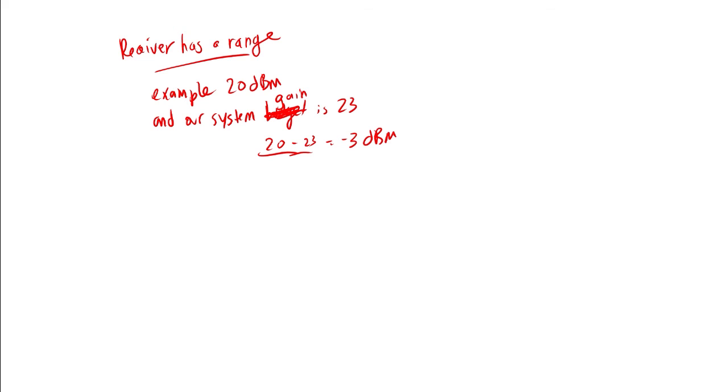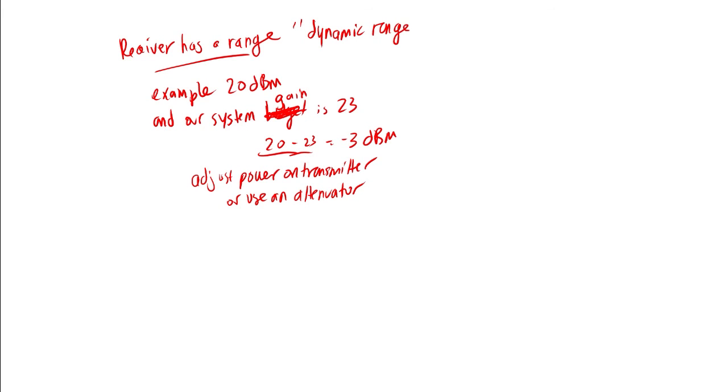We'll burn our receiver. So we need to adjust the power on the transmitter, or use an attenuator. This is called dynamic range. So we can adjust the power, or we can use an attenuator, or we can use a weaker transmitter.